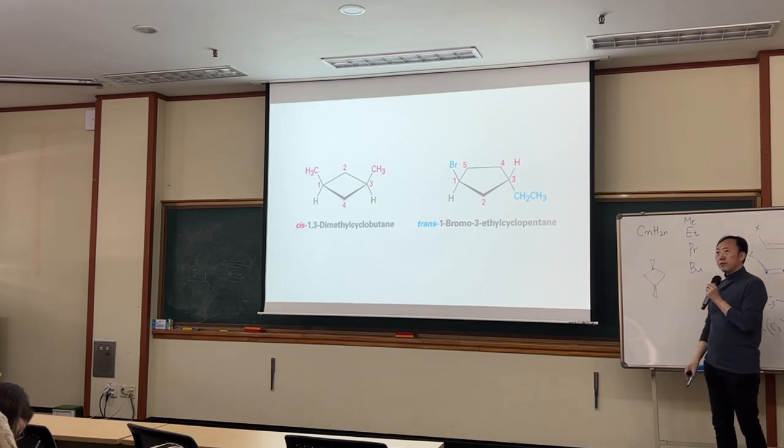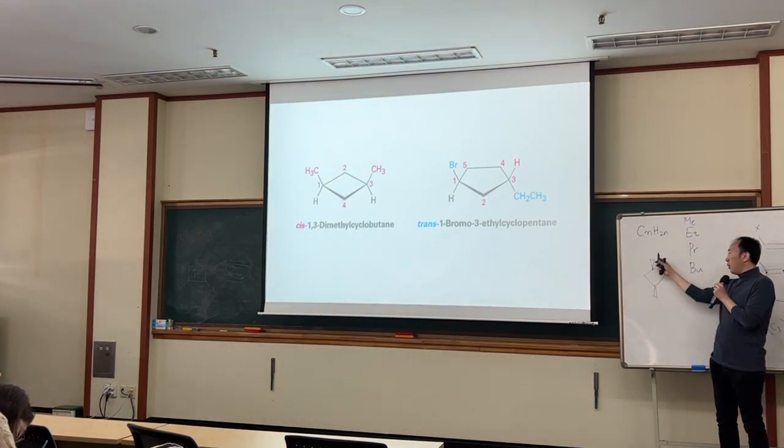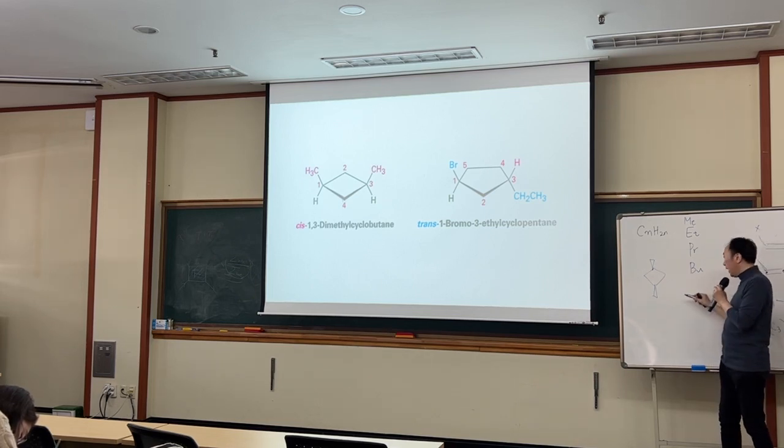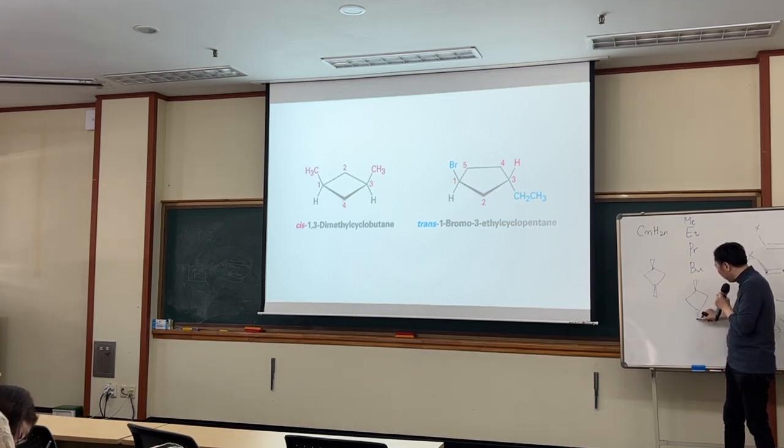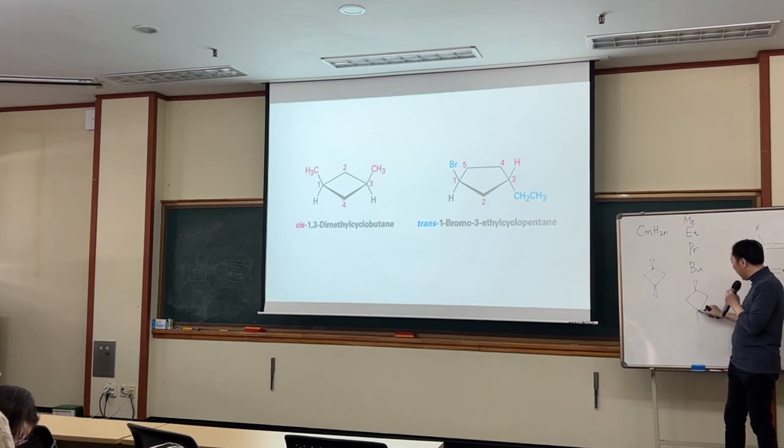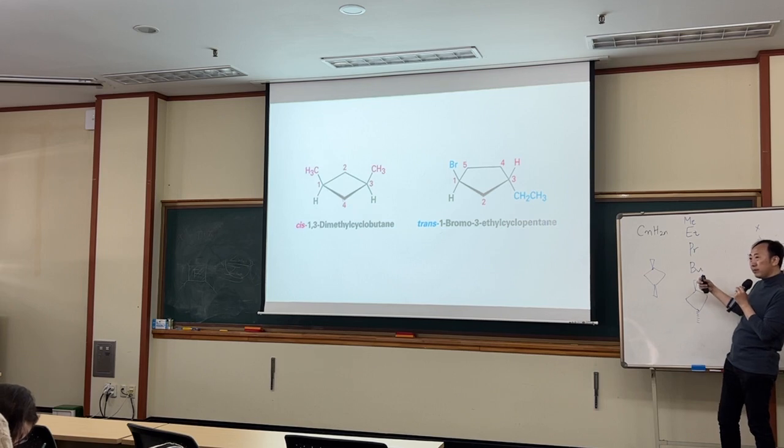Right? So in this case, if you want to draw it that way, one note is like this: it is coming out from the plane. If it goes in, you draw it this way. This means from this point, this goes in, this comes out.